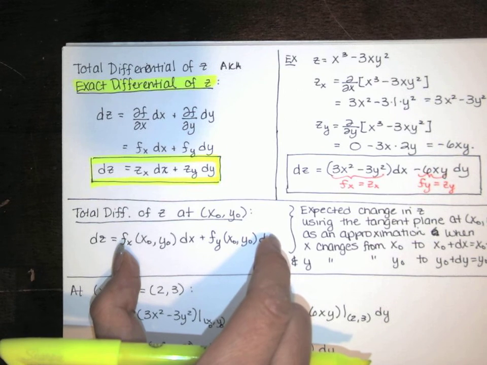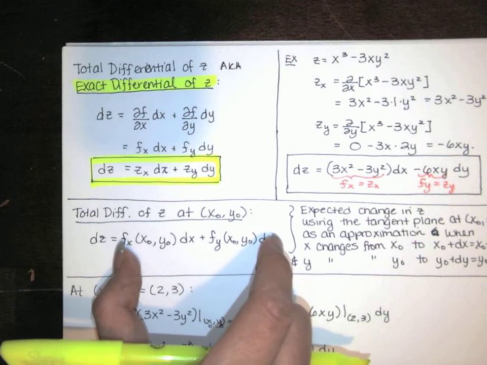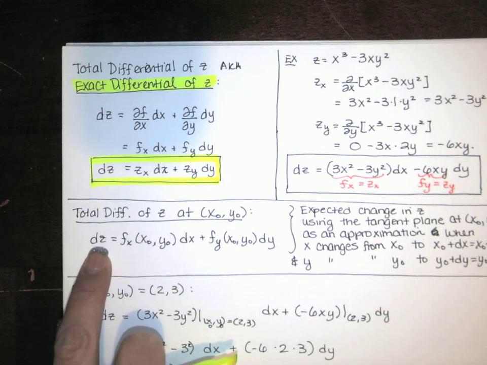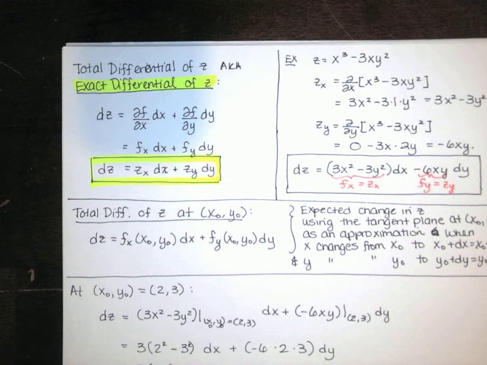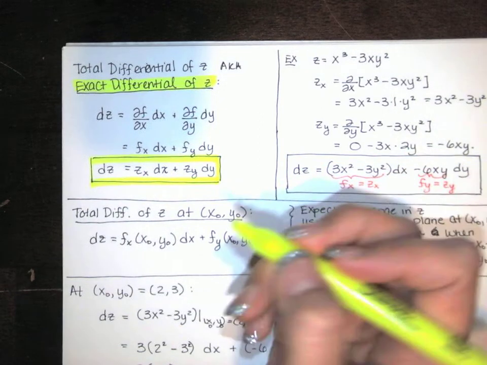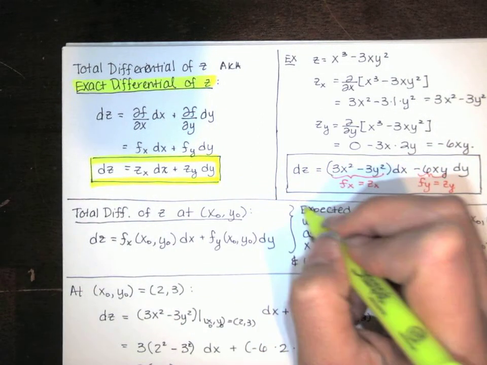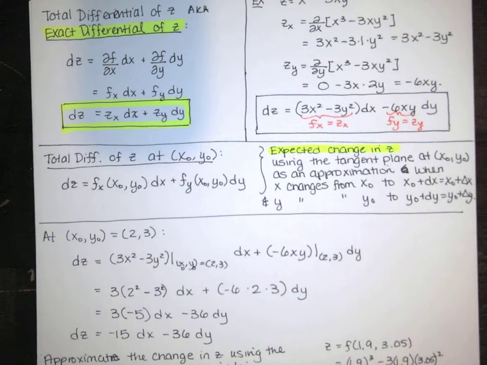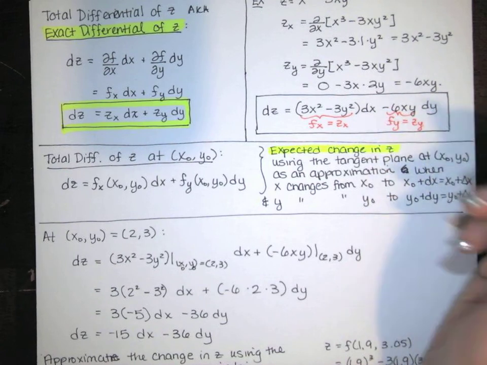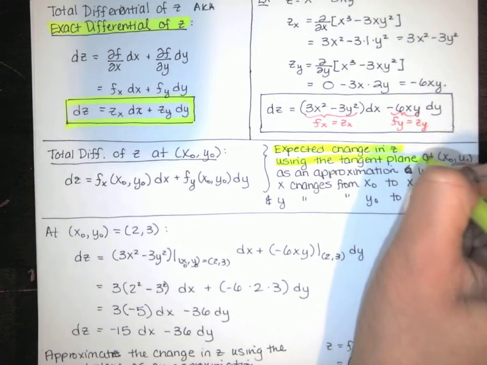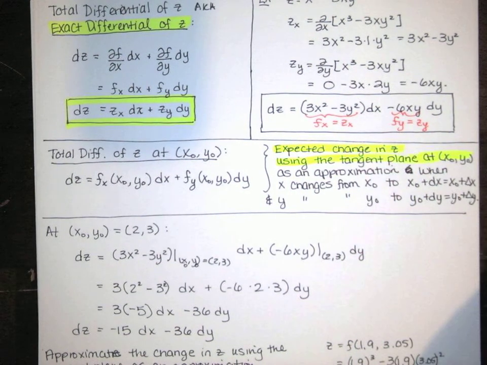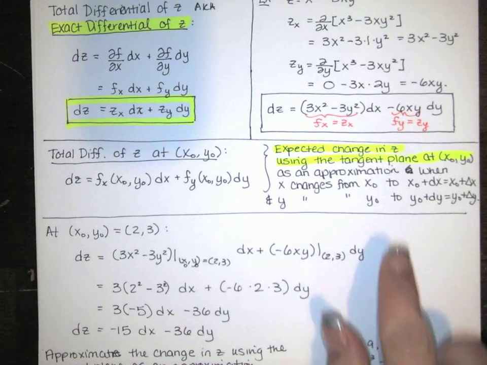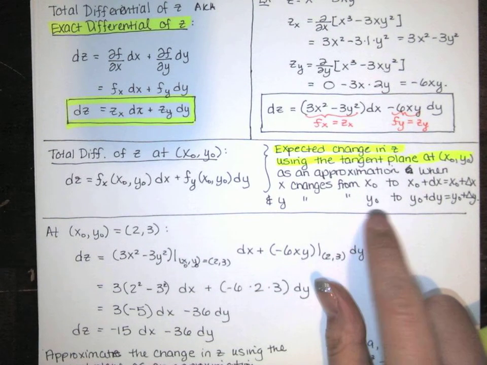When we use the tangent plane as an approximation, we're saying dz is given by this. So when I evaluate the differential at a point, it represents the expected change in z using the tangent plane approximation at this base point, x naught, y naught, as x changes by dx units and y changes by dy units from that base point. So x is going from here to here, y is going from here to here.